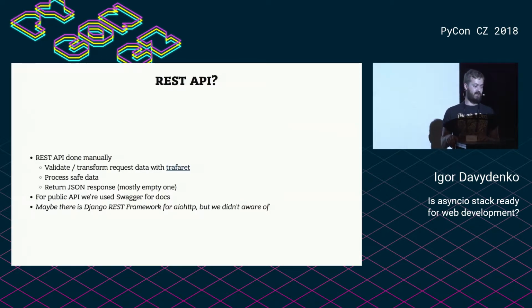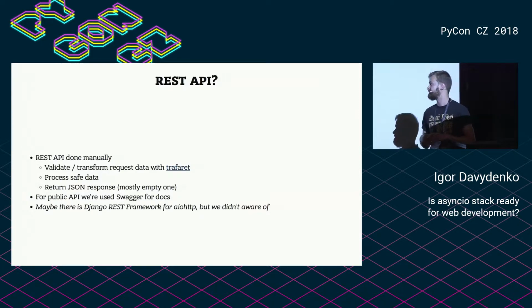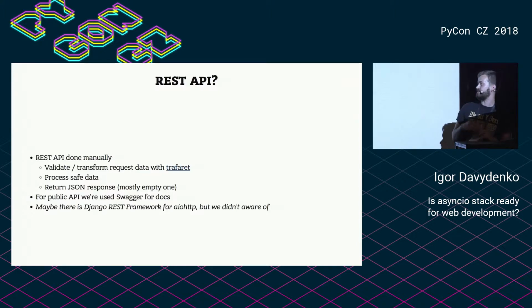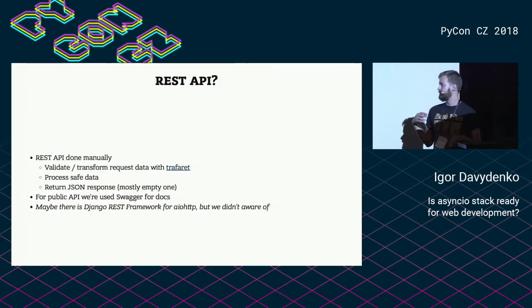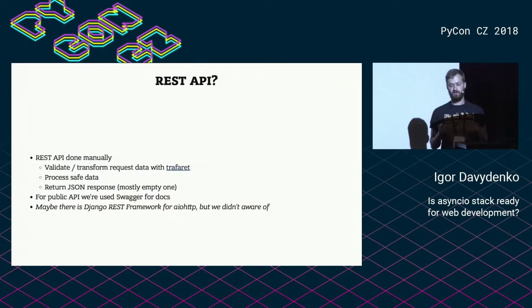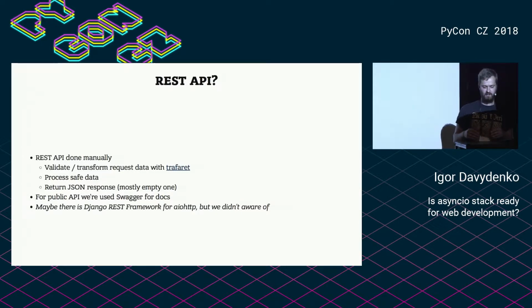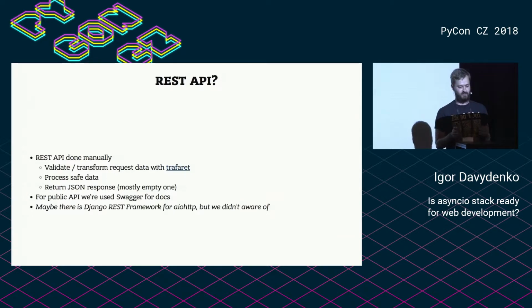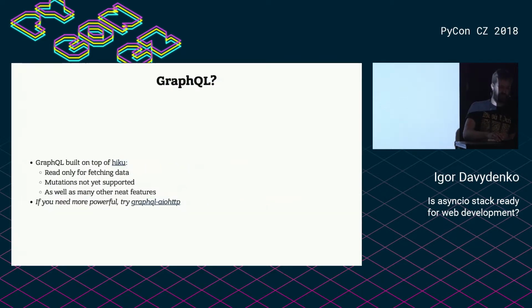But for our case, we do everything by ourselves. We validate and transform the request data with the Trafaret library, we process and save the data and return JSON responses. For public APIs, we're using Swagger, but only for docs. So we do everything by ourselves. No boilerplate code, not Ctrl-C, Ctrl-V, but very close to that.